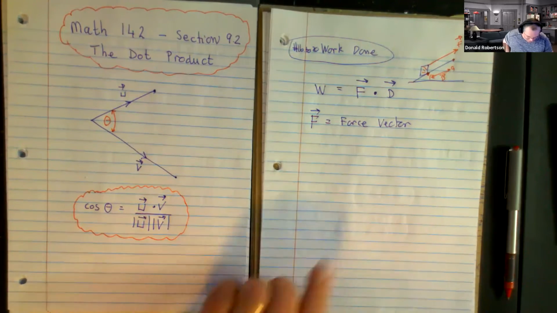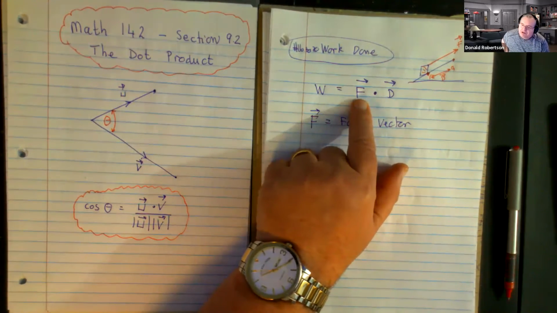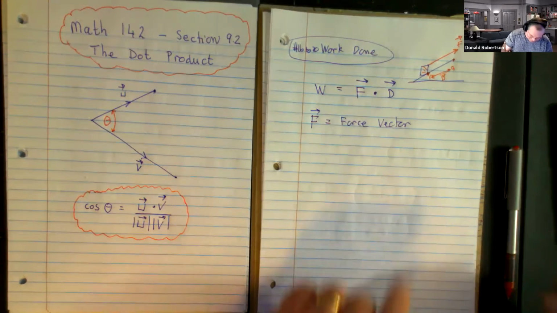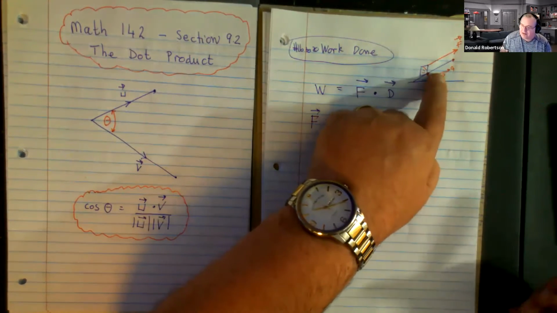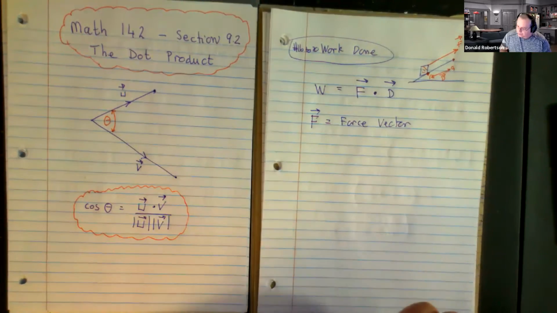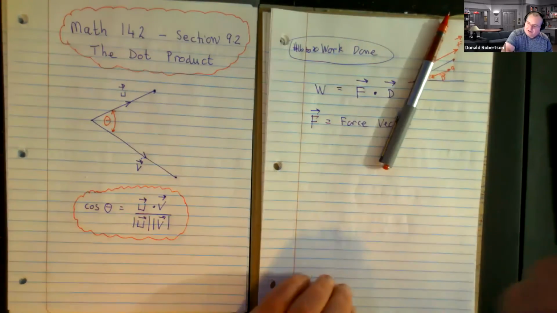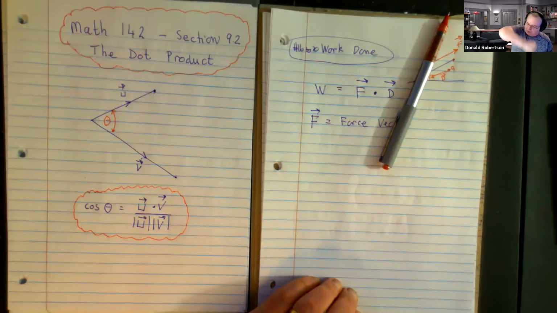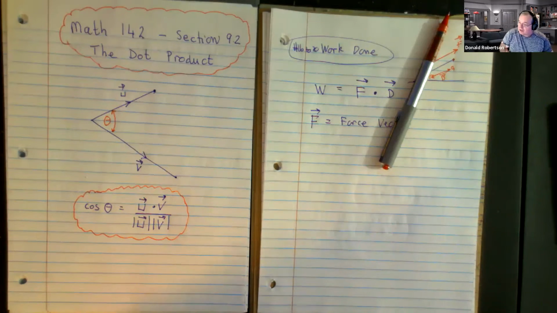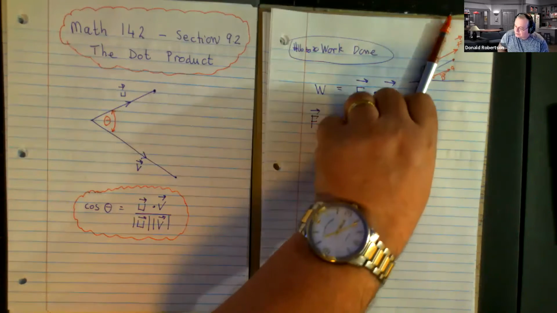So all you need to be told is what vector is representing the way you're pulling it. Because right now I'm pulling it parallel to the hill, which actually is the best way to do it. But can you imagine that I wasn't so bright and I was pulling it at an 80-degree angle? That would actually cost me a lot more work, wouldn't it? Be harder to do, right?